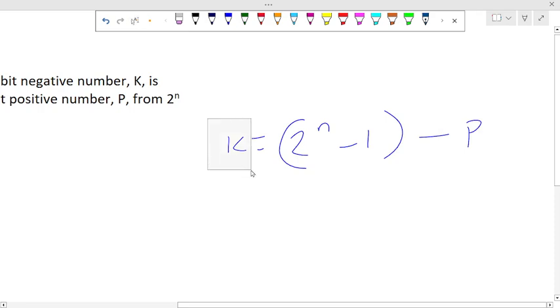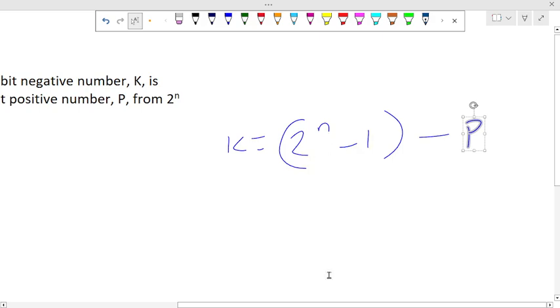So to get the 1's complement of this negative number k, you go to its positive. This is a negative number, please. You take its positive and you remove that positive from 2 raised to the power n minus 1.